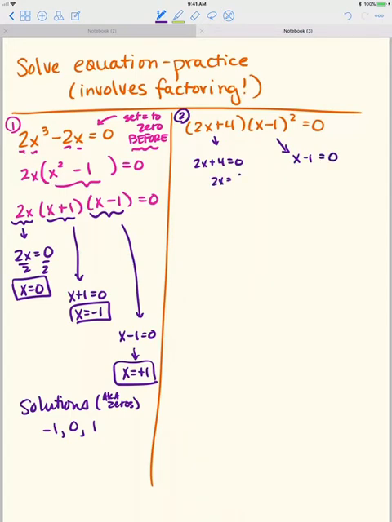The left solution gives 2x equals negative 4, so x is negative 2. And the right part gives the solution of x equals 1. So the solutions here in increasing order are -2 and 1. And it's not the point -2 and 1. Those are two separate zeros or x values or solutions to where the function equals 0.